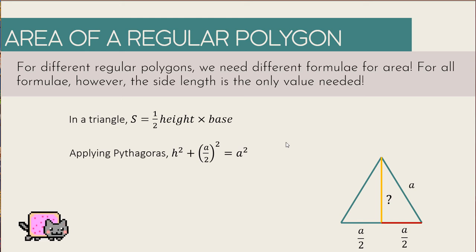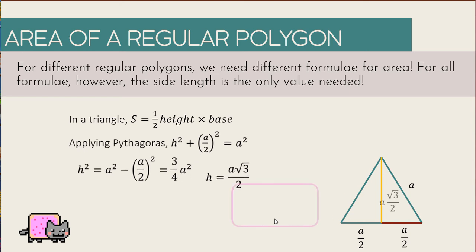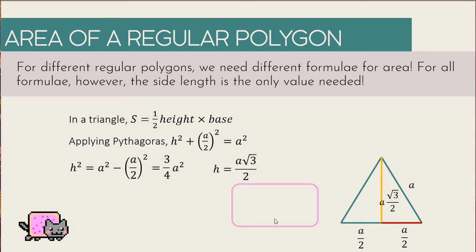We apply the Pythagorean theorem to get h squared plus (a over 2) squared equals a squared. After some simple calculation, we have the answer. h is equal to a square root of 3 divided by 2. So the height of the equilateral triangle is a square root of 3 divided by 2.